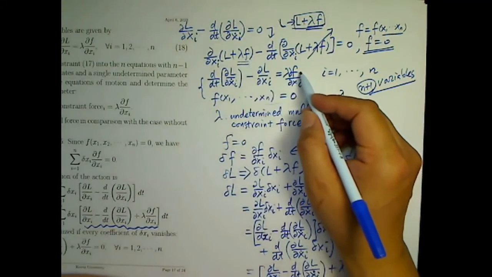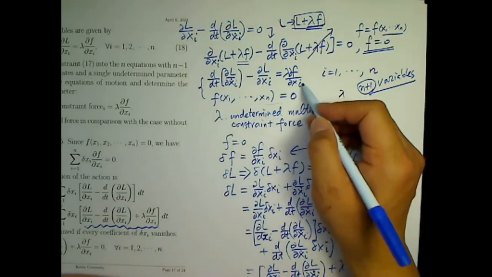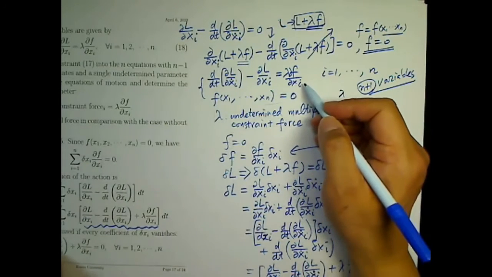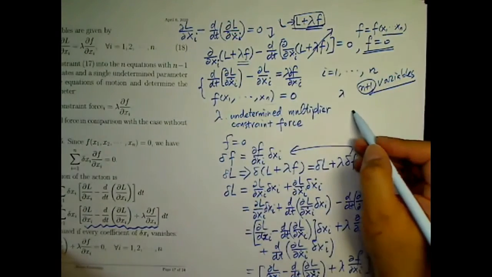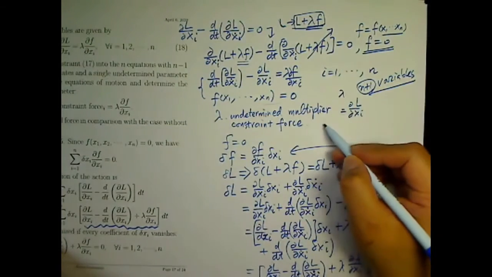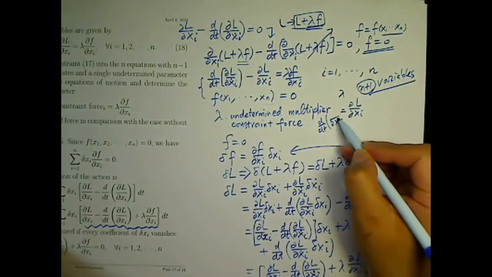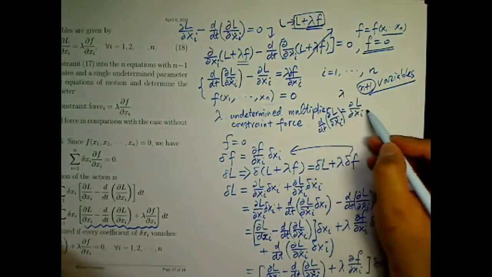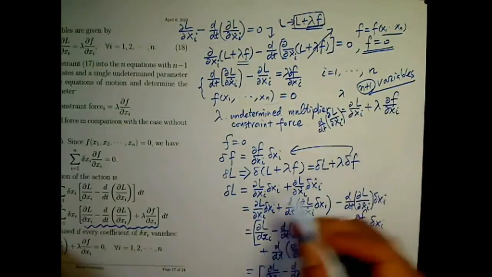So the partial derivative of f with respect to the coordinate xi, if I move this one to the right hand side, plus lambda, this one.